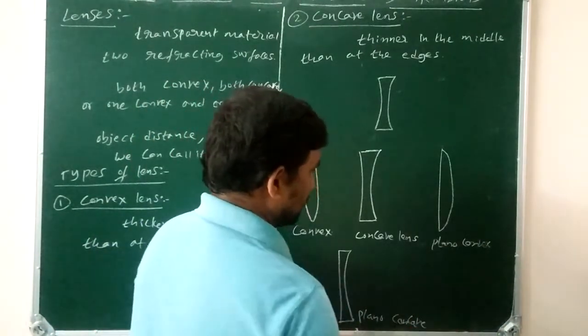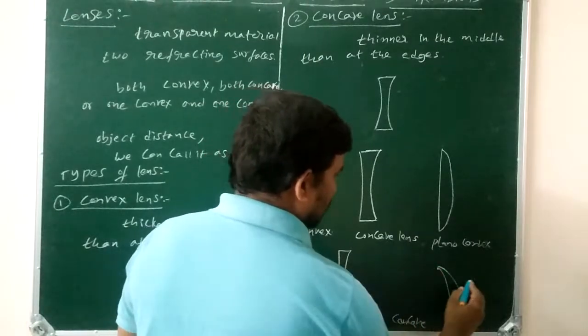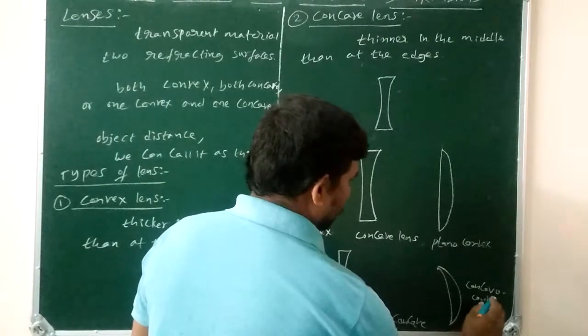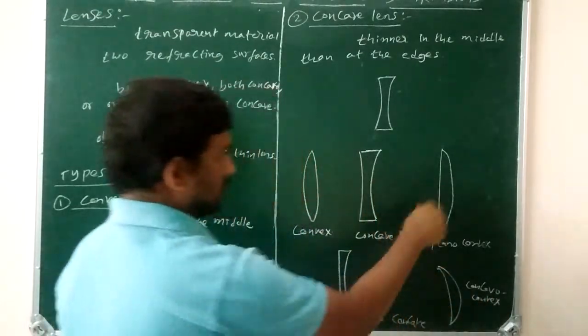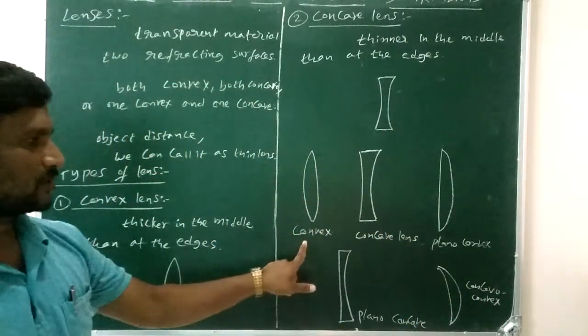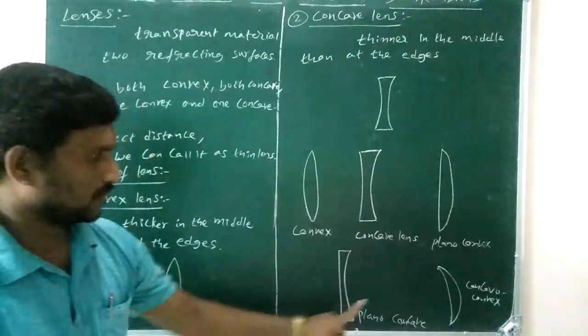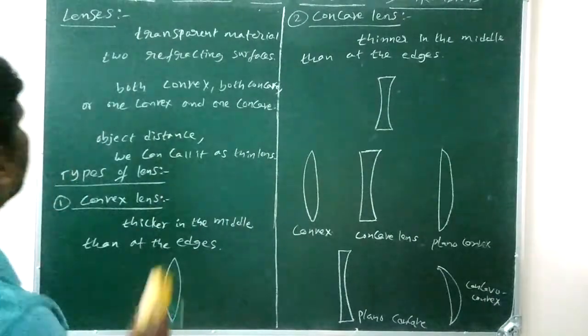And last one is concavo convex. These are the types of lenses: convex lens, concave lens, plano convex, plano concave, concavo convex.